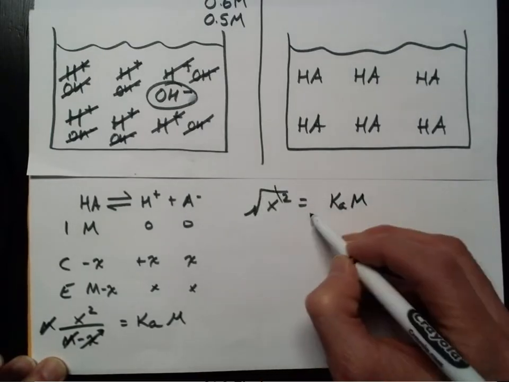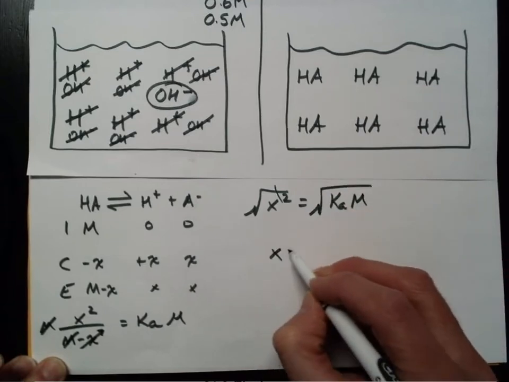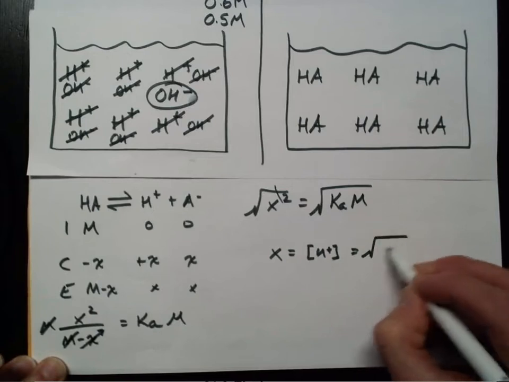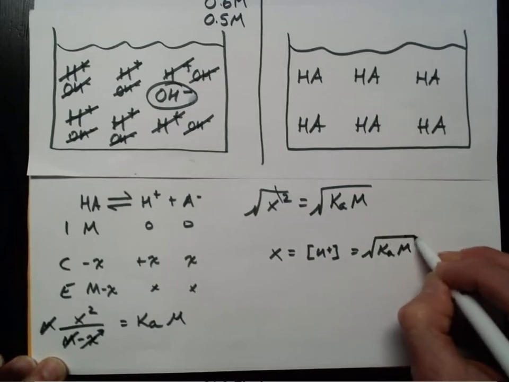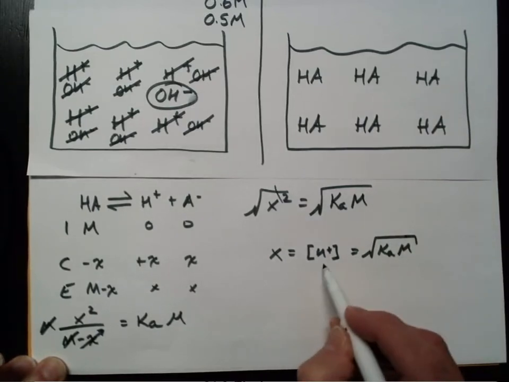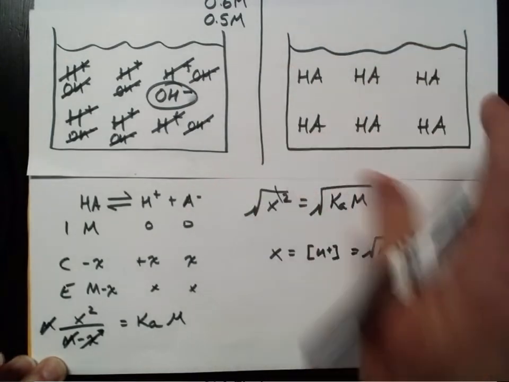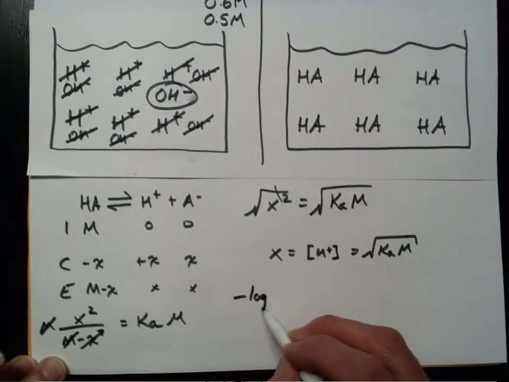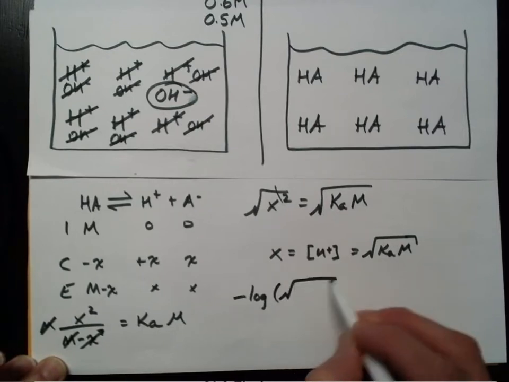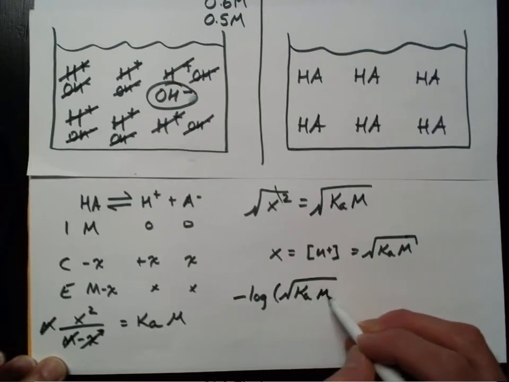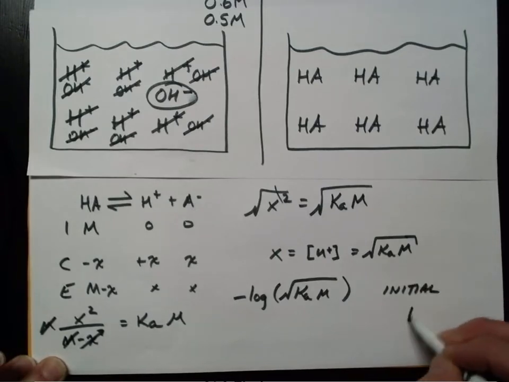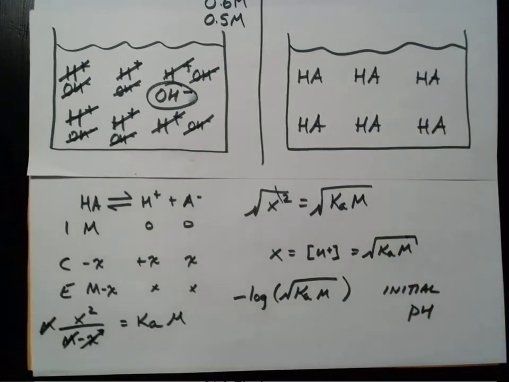We take the square root of both sides, and we find that X, which is the H plus concentration, is the square root of Ka times the molarity. Since we want the pH, this is at the start before we've added any hydroxide, we want the negative log of H plus, right? So we just take the negative log of the square root of Ka times the molarity for the initial pH. Pretty simple.